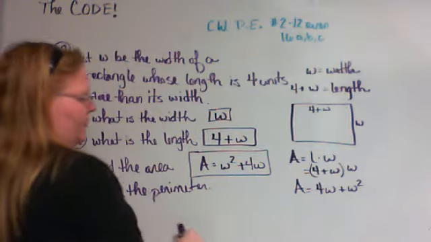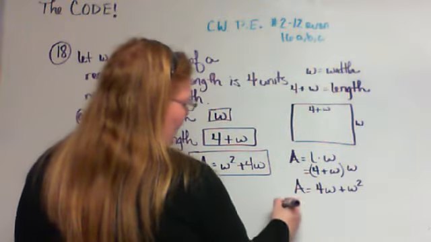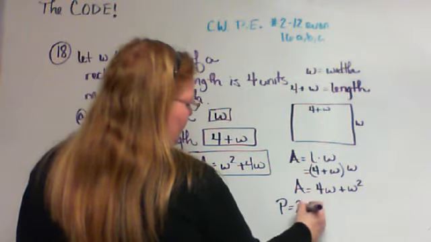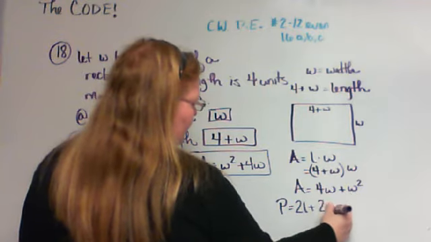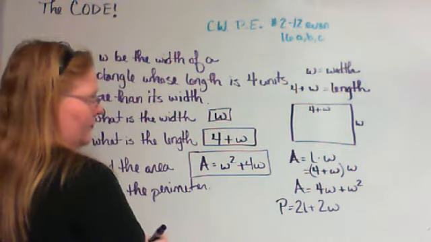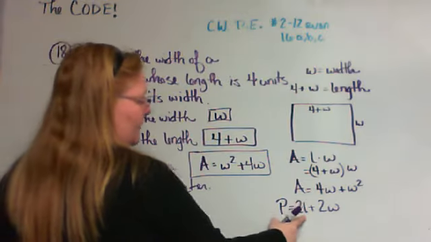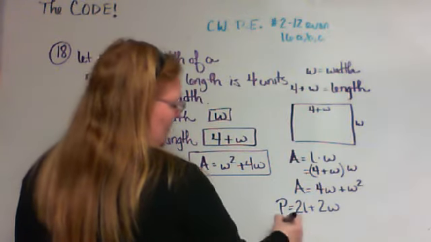For finding the perimeter, they told you P equals 2L plus 2W, where L is our length and W is our width.